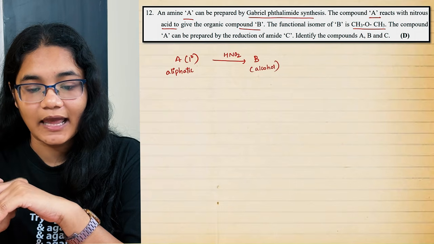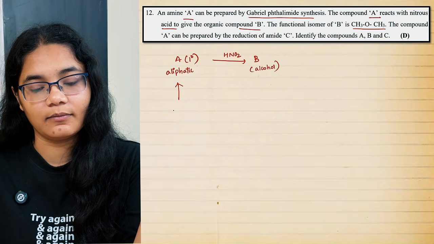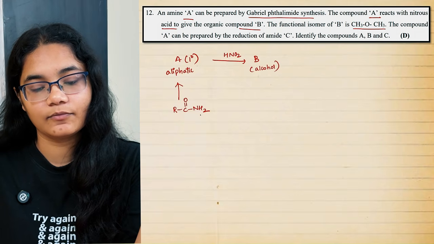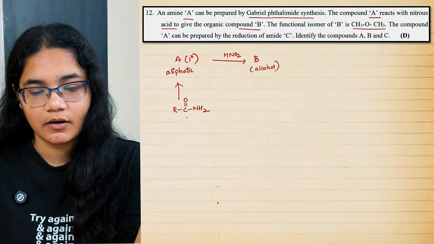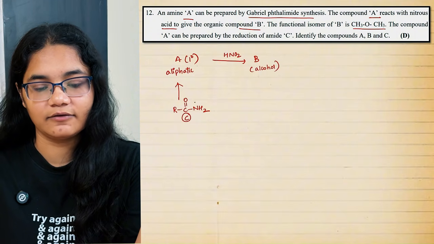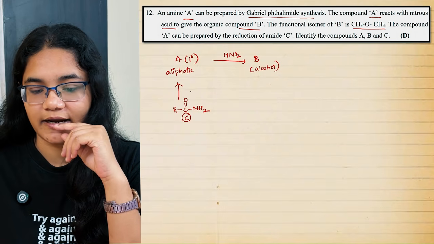The compound A can be prepared by the reduction of amide C. If I reduce this amide, it will give me A. So identify this compound.